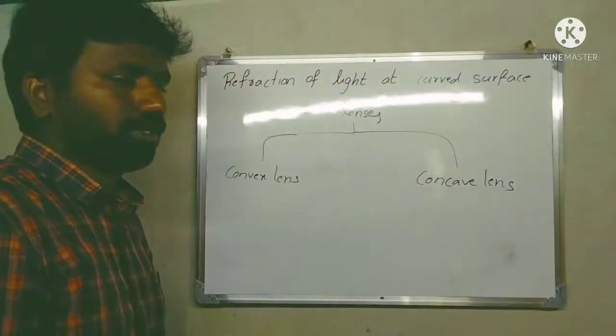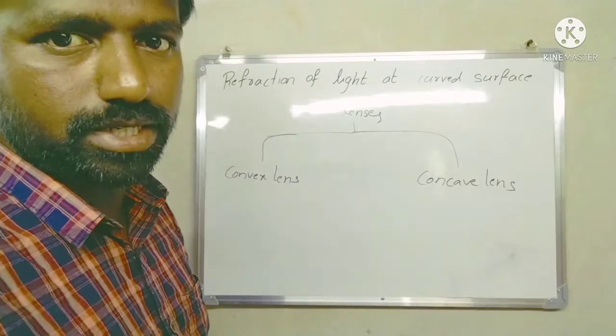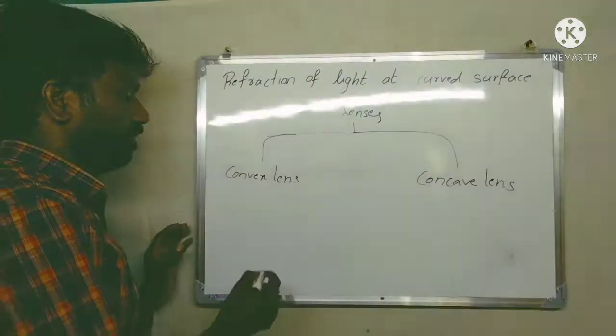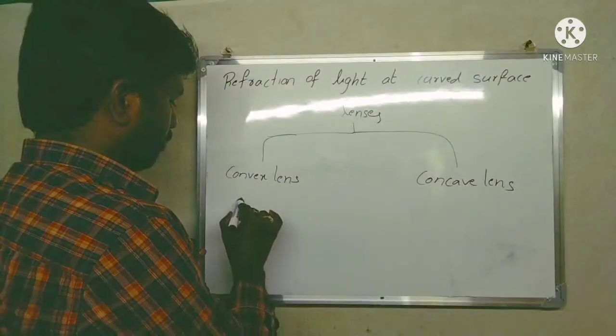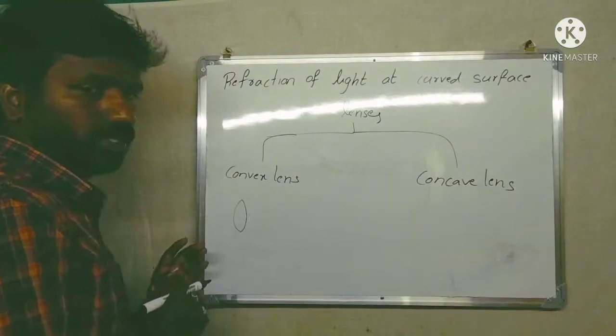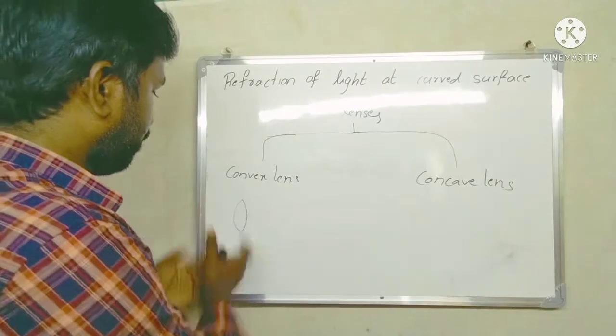Again, the convex lens and concave lens are categorized into three ways. Those are the biconvex lens, or equiconvex lens. Biconvex lens means both sides have a curved surface.